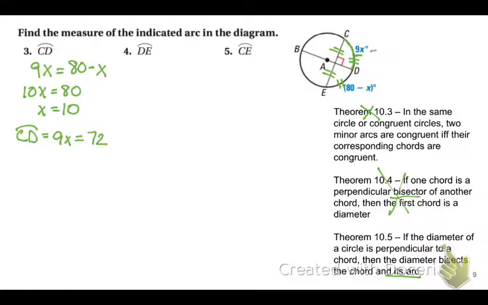So 9x equals 72 degrees. Remember to do that second part. So the theorem told us that CD and DE are congruent, so DE has to also be equal to 72 degrees, because it bisected the arc. Now, CE, let me erase all the chicken scratch.